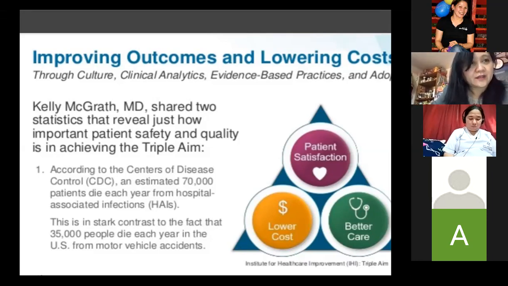So, in taking care of the patient, we will never leave the patient alone. We have to take care of them. We have to watch them carefully, assist them in what they need, and take care of their confidentiality also.